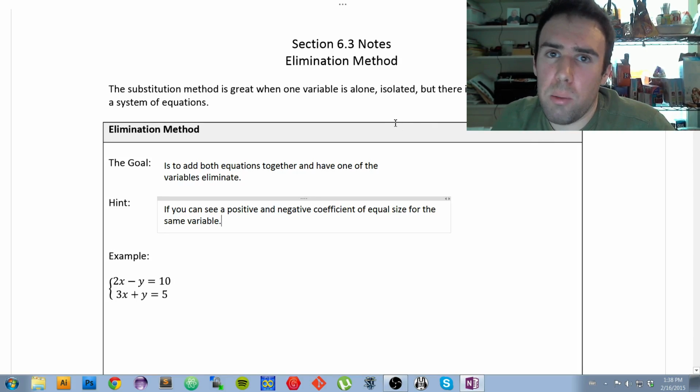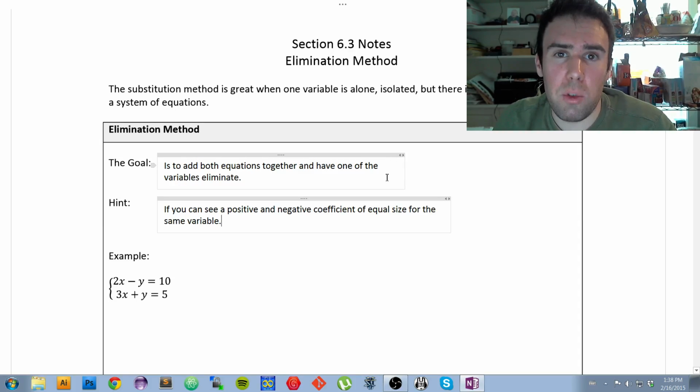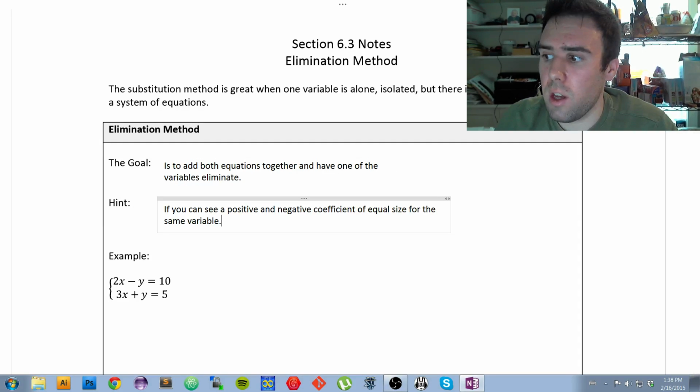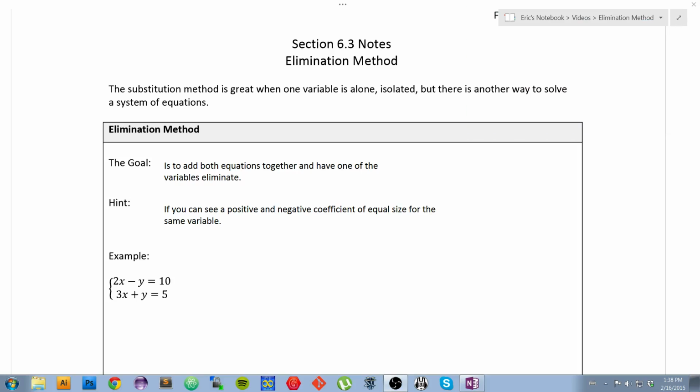So if you had a plus 2x and a minus 3x, that's kind of good because you've got a plus and a minus there, but 2 and 3 aren't equal, so they would not be of equal size. So let's do a few examples together and we'll see how this all fits together in a moment.